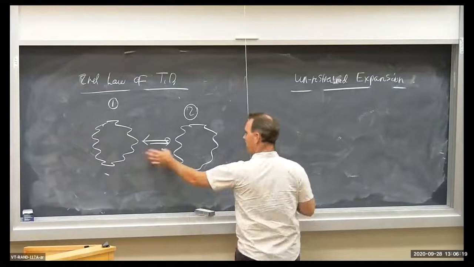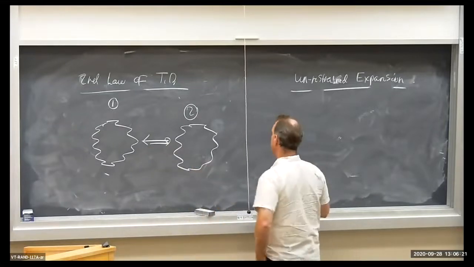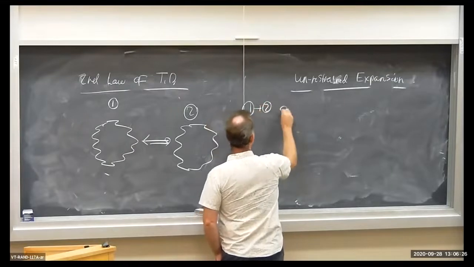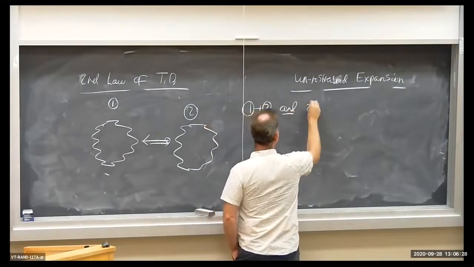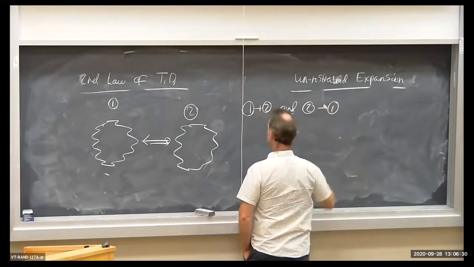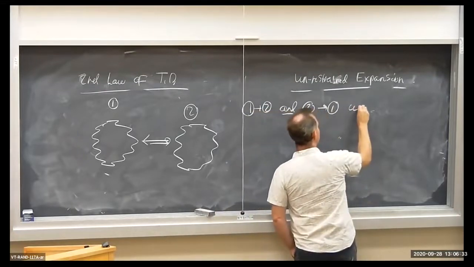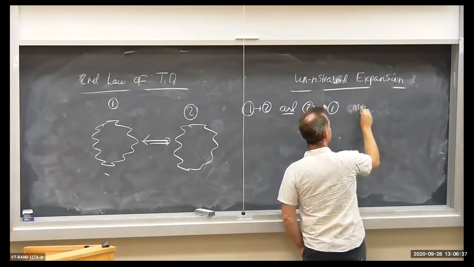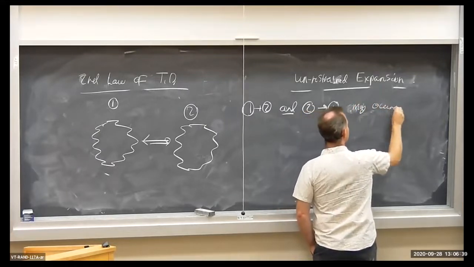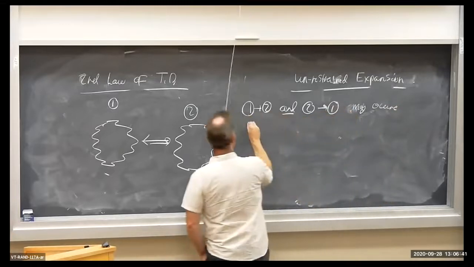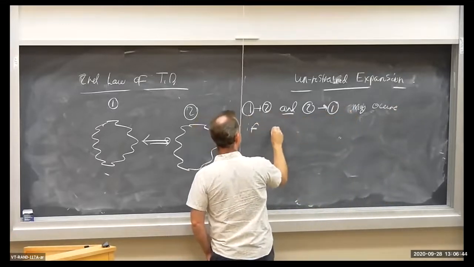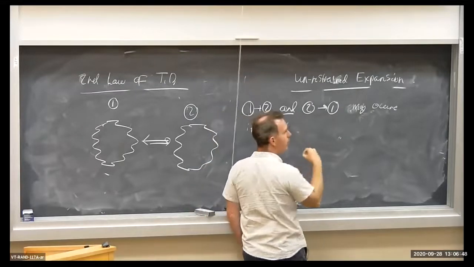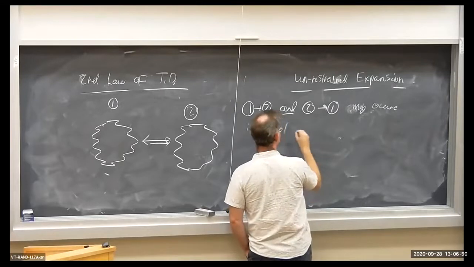Notice the double arrow sign. It can go in either direction. So 1 to 2 and 2 to 1 will occur, or may occur, if no irreversibilities or irreversible processes are present.